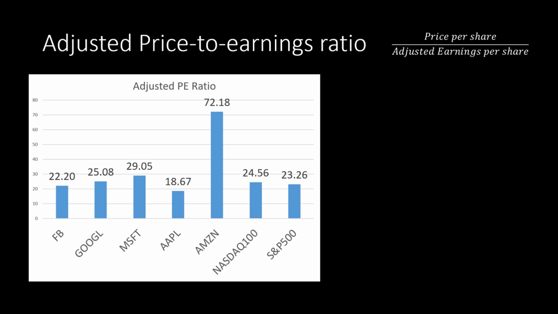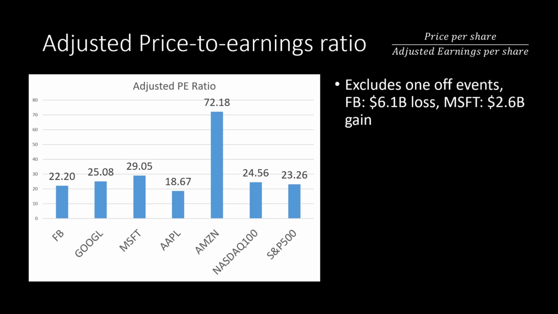And Microsoft now has a slightly higher PE ratio, because we adjusted for these one-off events. So Facebook had a one-off event of a loss of $6.1 billion. So $5 billion relates to an FTC fine, and $1.1 billion relates to income tax losses, right? And Microsoft had a one-off gain that was a result of a net $2.6 billion tax benefit.